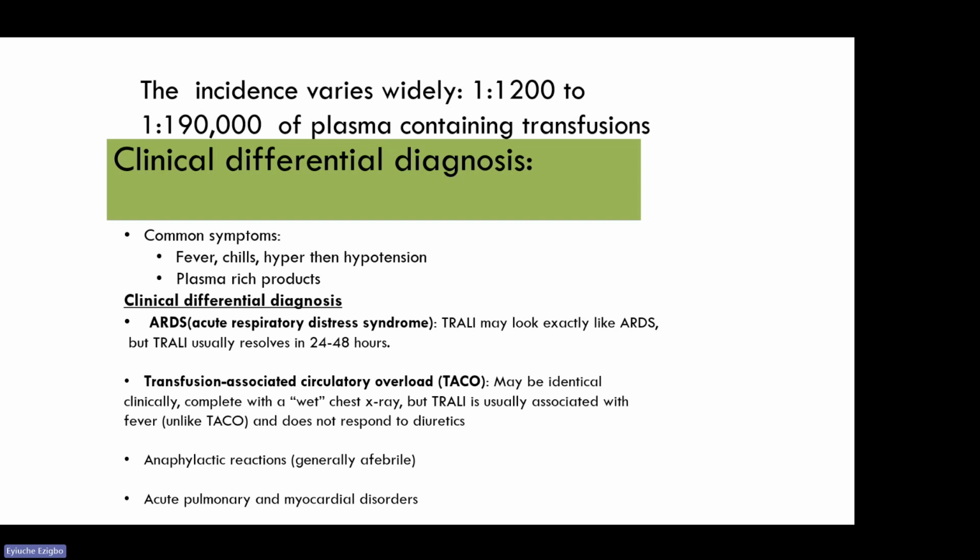At what point in time? How long does it occur? Which other presentation can add to differentiate one from the other? This is something you have to sit down by yourself and try to resolve very well. We also have anaphylactic reactions, acute pulmonary and myocardial disorders. So you should know how to differentiate TRALI from all those other complications.